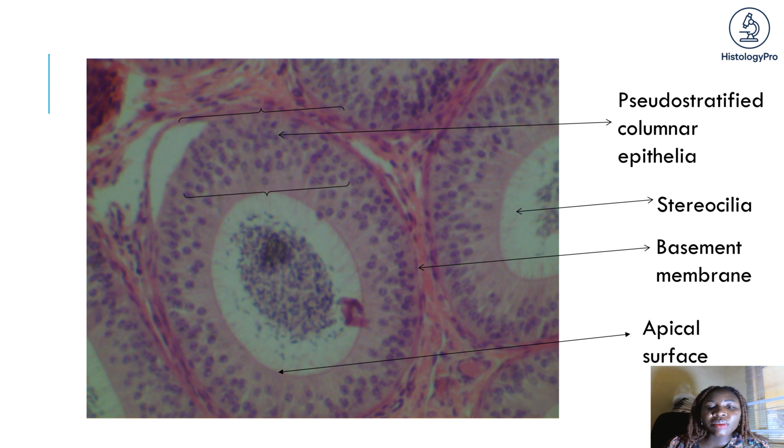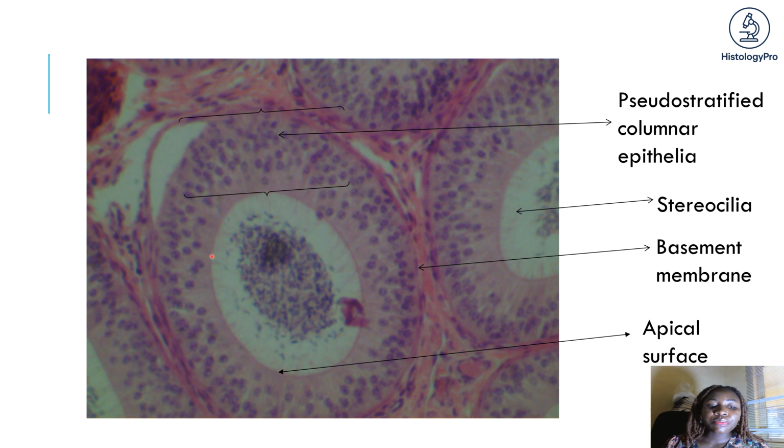Okay, here in this slide we can see a typical example of pseudostratified columnar epithelium. Firstly, let's locate the basement membrane. This line is the basement membrane where the cells rest on, and this place is where we can see the apical surfaces, as described in the first and second slide.